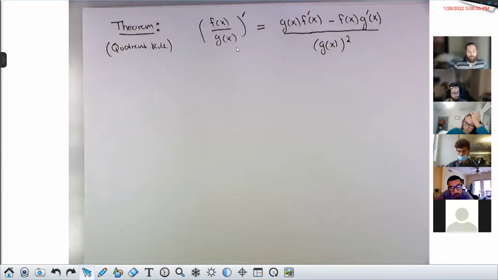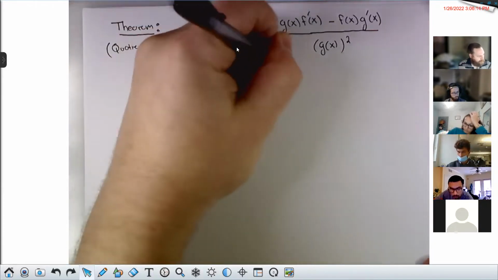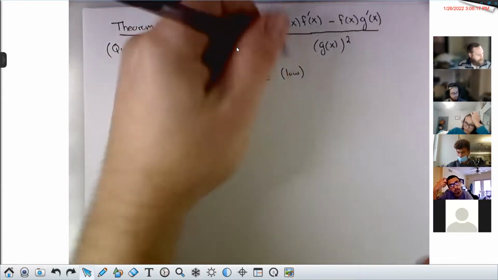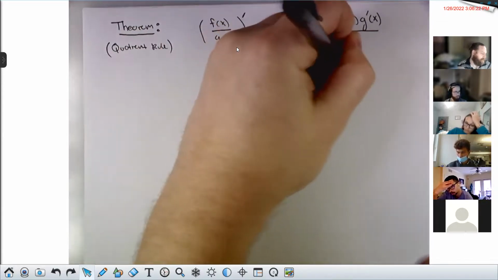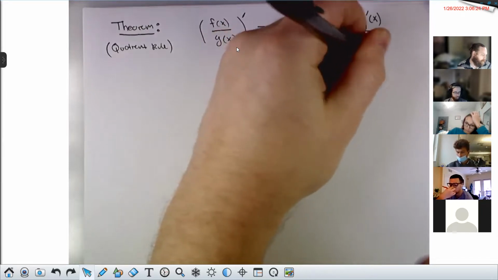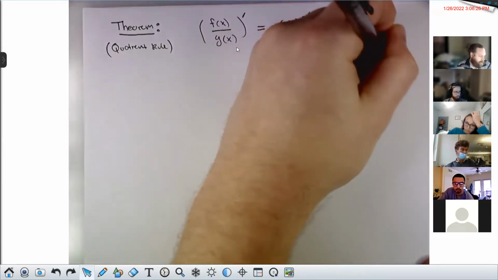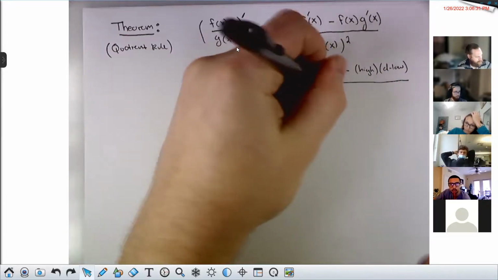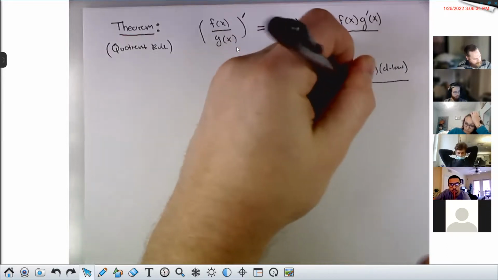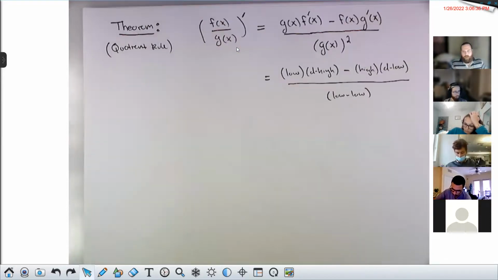Most Calc 1 students do not like the quotient rule, and I don't blame them because it's kind of messy. There is a mnemonic to help for this. You sing it in your head like that song from Snow White, hi ho.